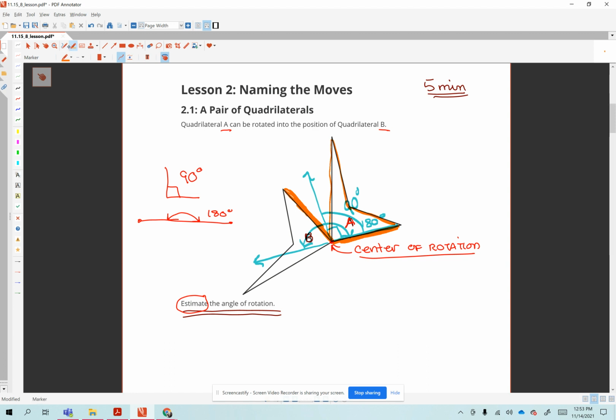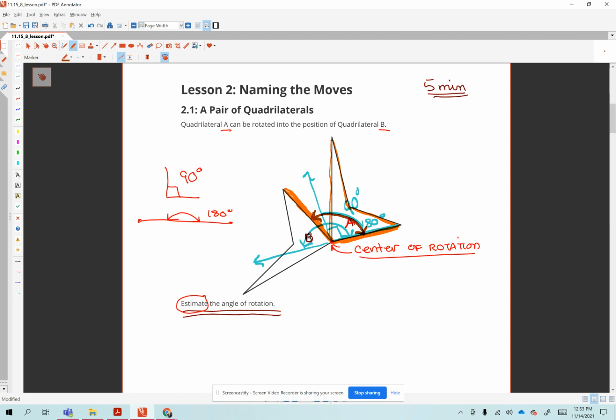So what is the angle of rotation that we're looking at? This angle from here to here. We're only asked to estimate. If you have a protractor, you can go ahead and put that on your paper and measure it, but let's estimate first. I know that it's got to be greater than 90. I know that it's quite a bit less than 180.